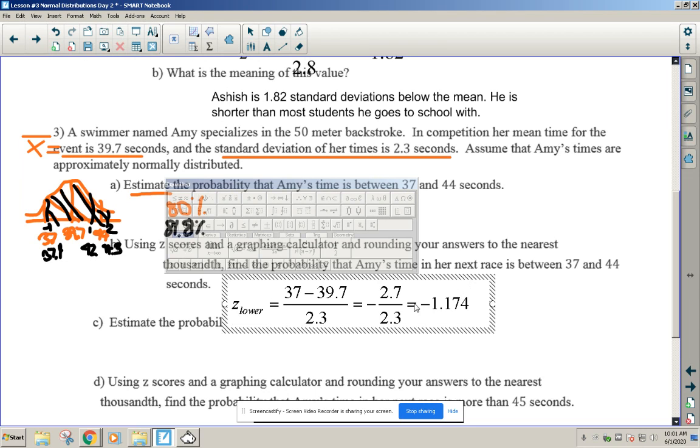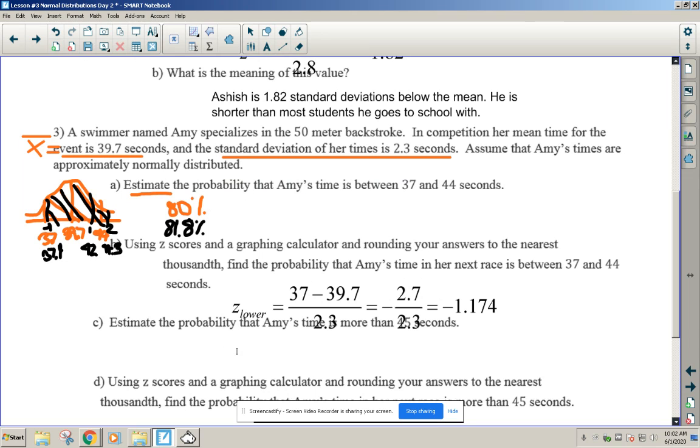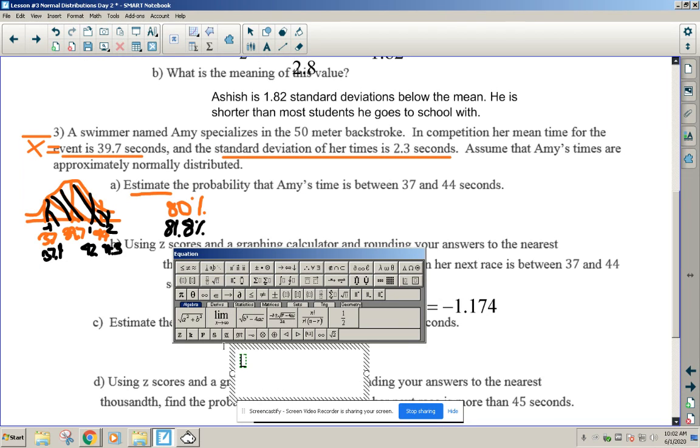So my lower z-score is negative 1.174. Now, let's find the z of the upper and see what z-score that is.